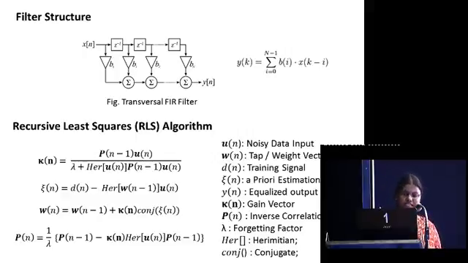We will use this estimation error and the gain vector to update the tap weights, that is the weights of the filter. These weights are once again used to update the correlation matrix. This loop will go on till we train the filter.